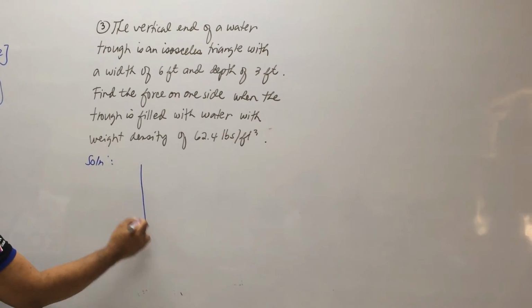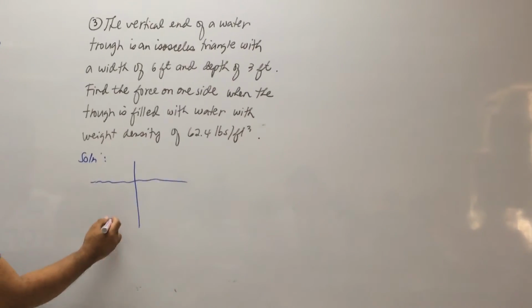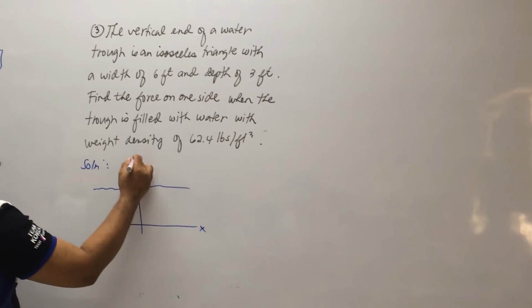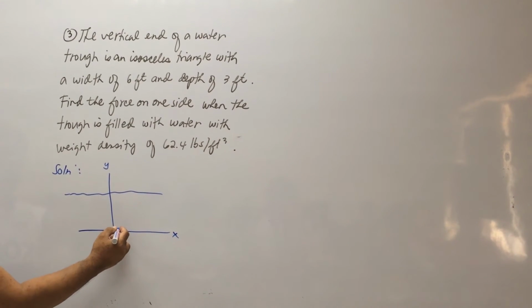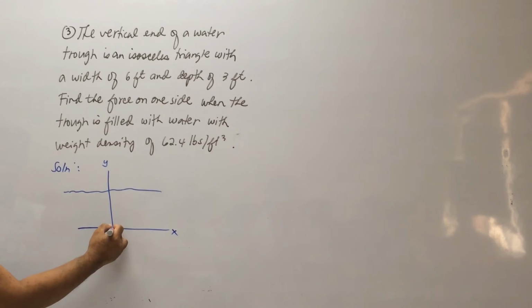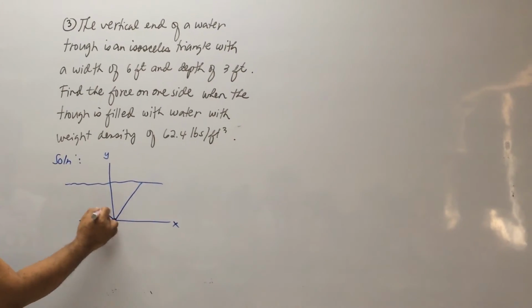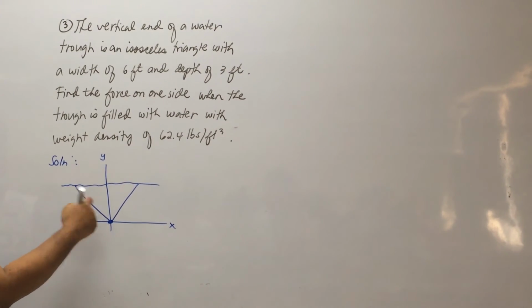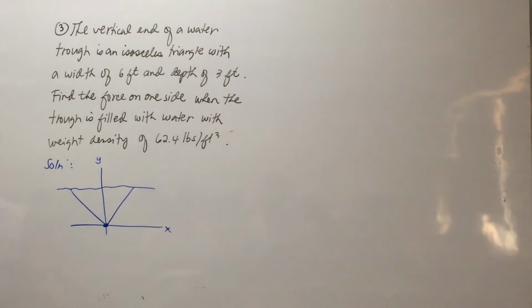Suppose this is the surface of the liquid, and we have the x and y axes. So we have now an isosceles triangle drawn from here. When we say isosceles triangle, two sides are equal.